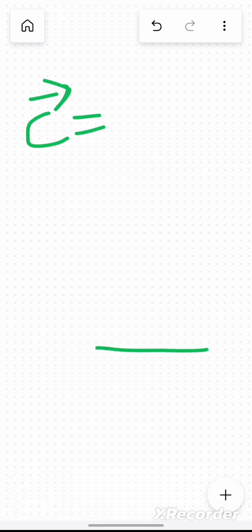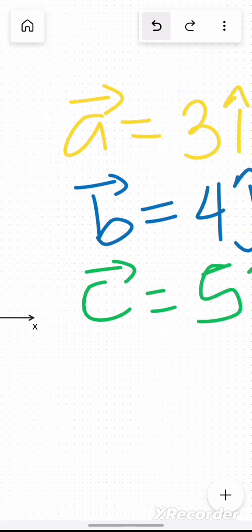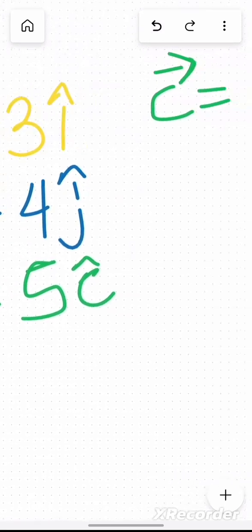Since vector C is just a combination of A and B, we can say that vector C is equal to what? We have already proven that vector A is equal to 3I.